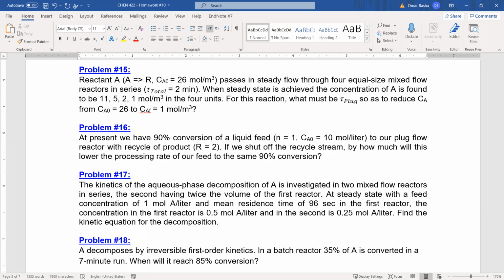Okay, let's go back to the whiteboard here. This is problem 15. So I'm given 4 CSTRs. The reaction is A goes to R. We're being told Ca naught is 26 moles per meter cubed. This thing happens in 4 CSTRs.